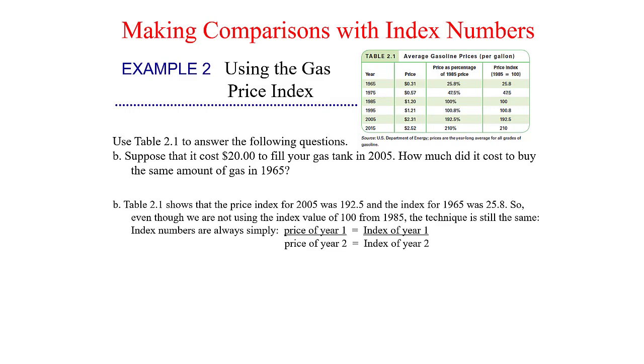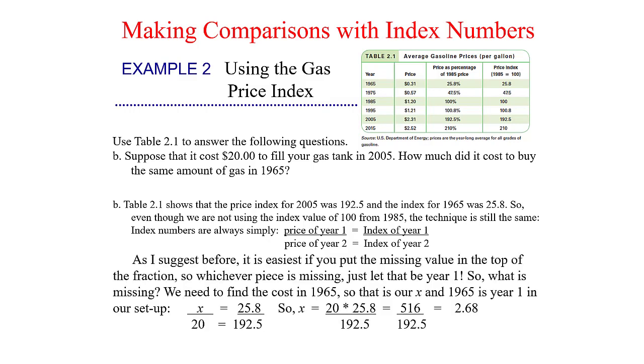So we're going to do the price of some year over the price of another year equals the index of that year over the index of the other year, right? I call them year 1 and year 2 just to delineate which is which, but again, they don't have to go chronological. You want to set it up so that the unknown is what goes on top. And we don't know the price of 1965.